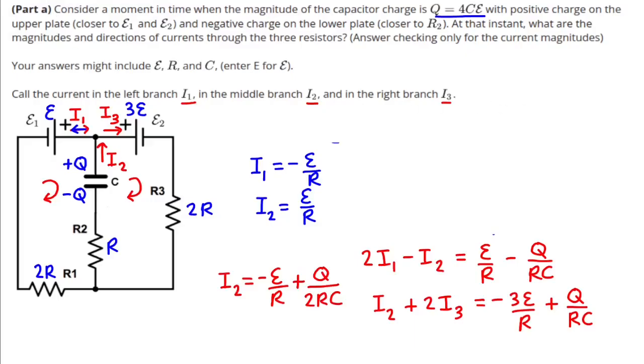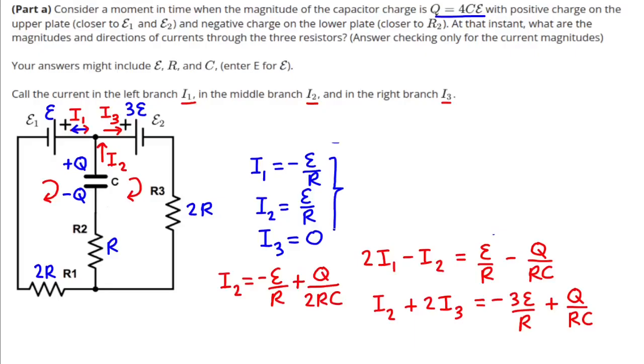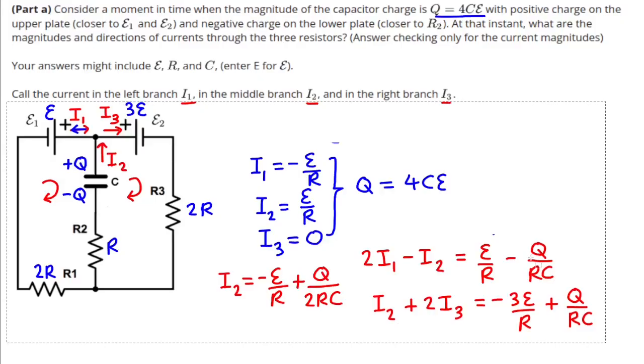So if we substitute I2 in this equation, we have 2I3 is minus 3 epsilon over R plus Q, which is 4C epsilon over RC, and minus I2, which is epsilon over R. So on the right hand side, we get 0, which is our answer for I3. So these answers over here are for the special case where the charge on the capacitor is 4C epsilon. And let's just keep a copy of these results, which we may use later.